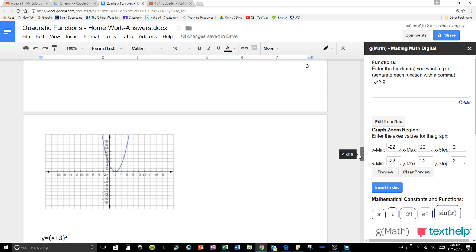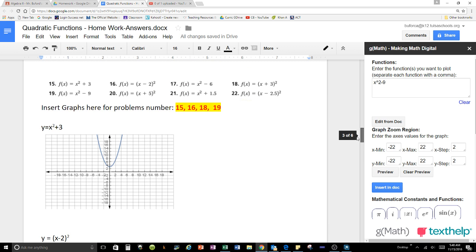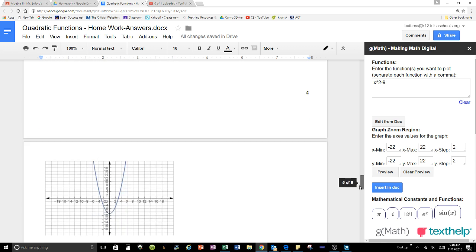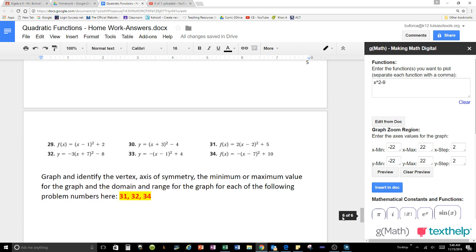Alright, so that was the last one for that group. And now we have 3 more here. 31, 32, and 34. And we need to also identify the vertex, axis of symmetry, the minimum and the maximum, and the domain and the range. We're not going to worry about the domain and the range, but we'll do the other ones. And here we have graphs that, 31.